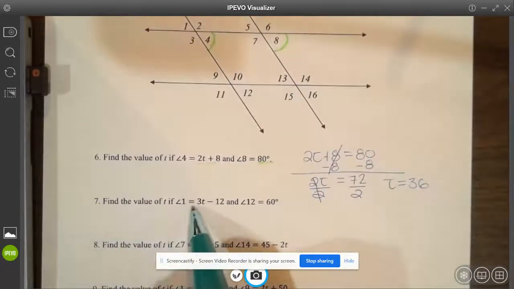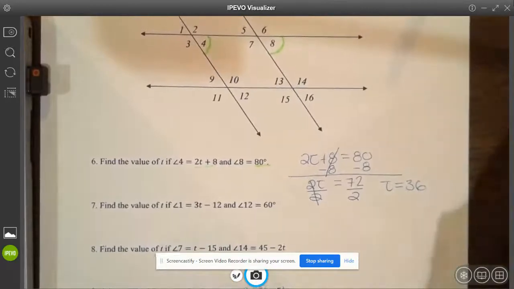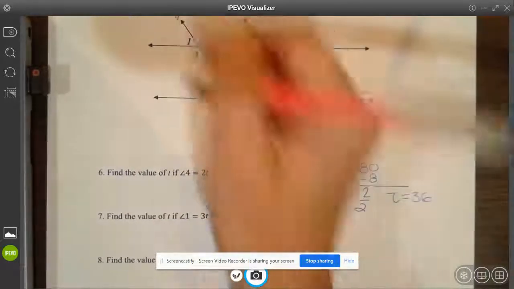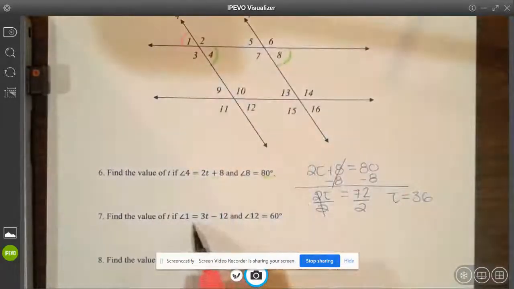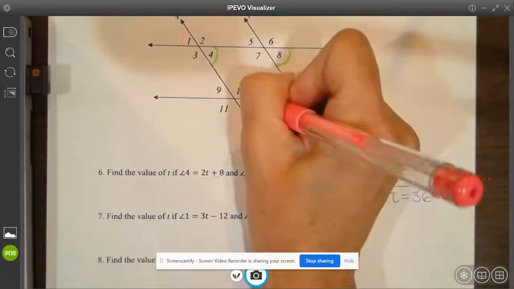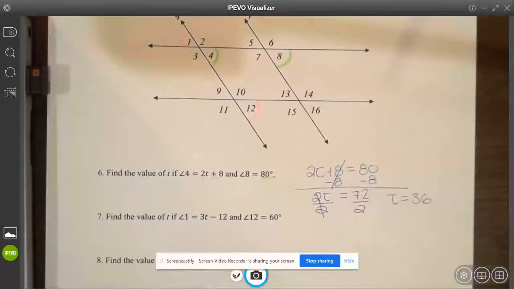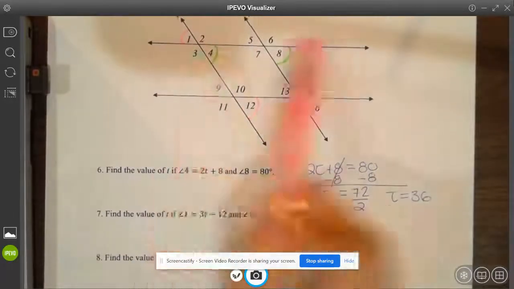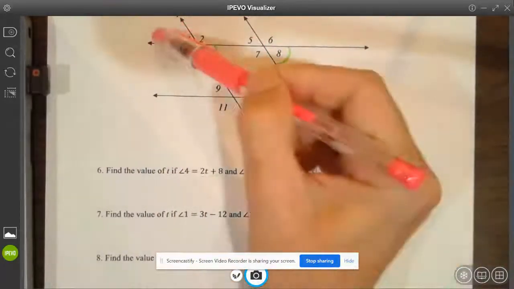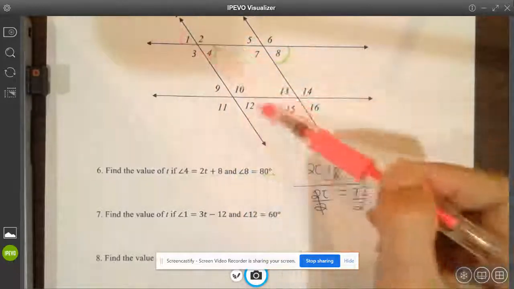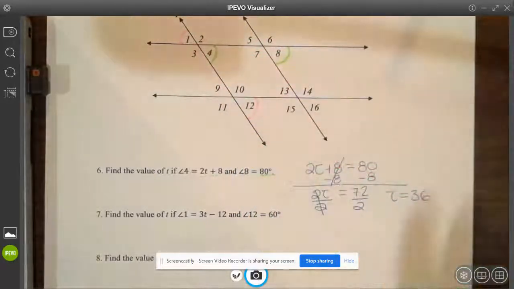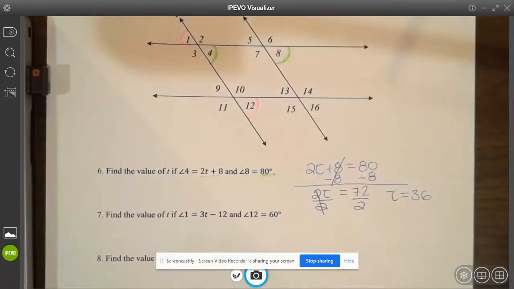Find the value of t if angle 1, so angle 1 is over here, and angle 12, which is over here, is that. All right, so we know that these two lines are parallel. These two angles are exterior, so alternate exterior angles, and we said that those are congruent, so they're equal to each other again.